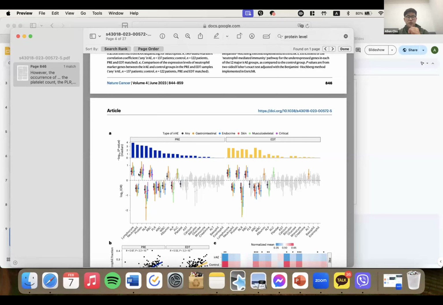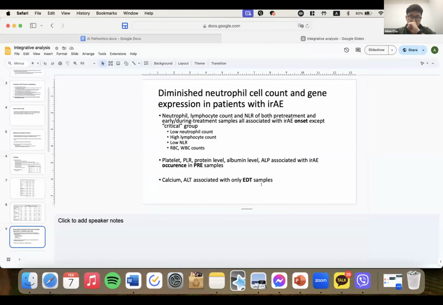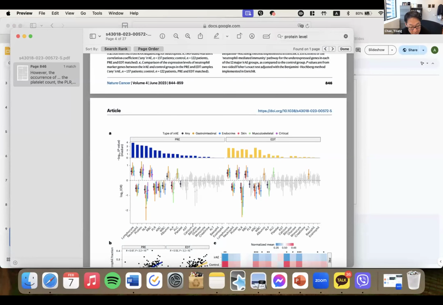Right. Okay. Move on. And then calcium and ALT were seen in the early or during treatment samples. Can you show me which direction? Calcium is also in the early-during-treatment samples. Where is it?